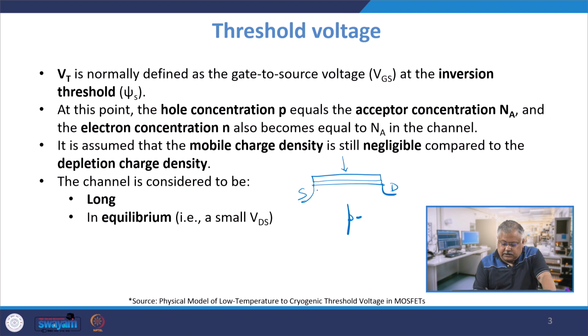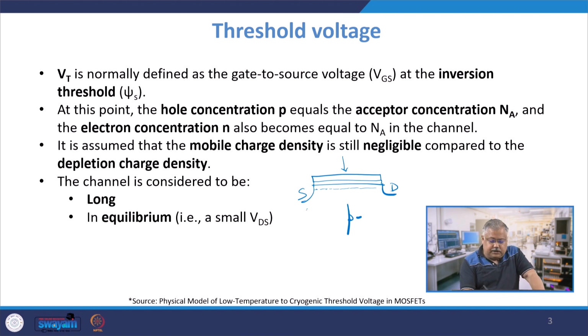Initially it gets depleted and then it becomes inverted. The onset of inversion is when electrons start to get accumulated near the interface and the holes are pushed back into the substrate, right.